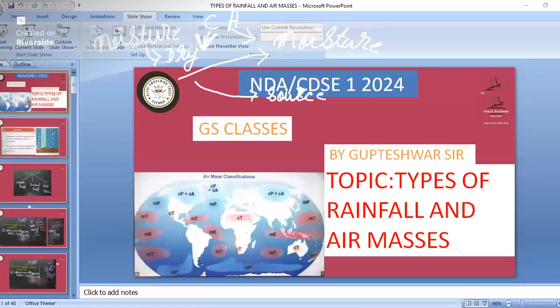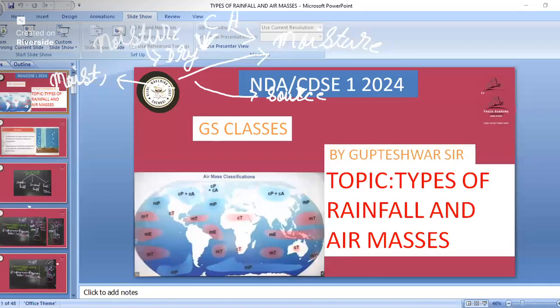Maritime polar means moist, and polar means cool, so moist and cool will be there. Then maritime tropical is warm and moist, as tropical will be warm and maritime is moist. So the first letter denotes the moisture content, and the second letter denotes the source region.